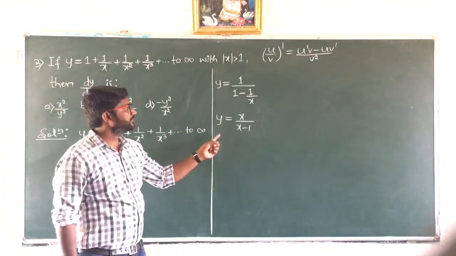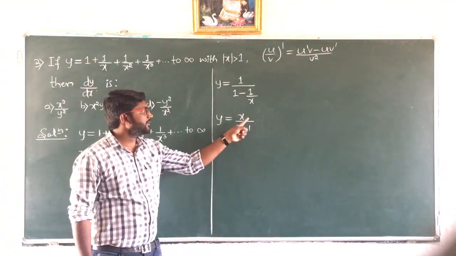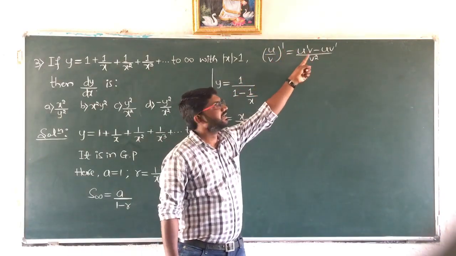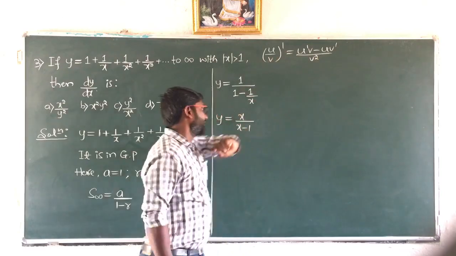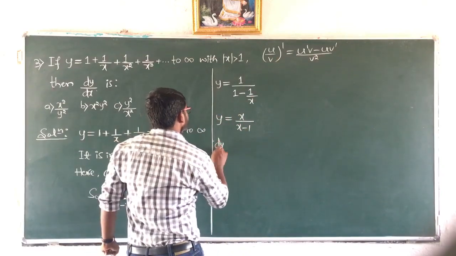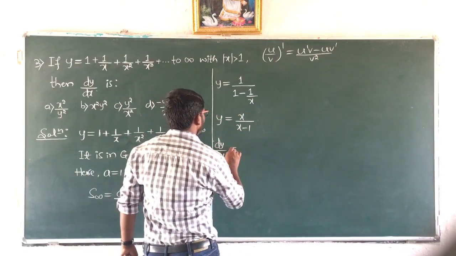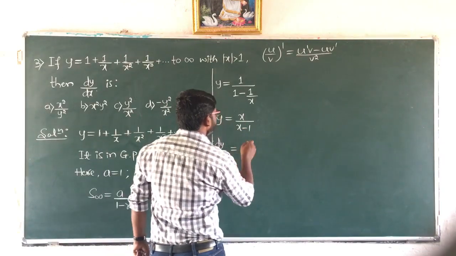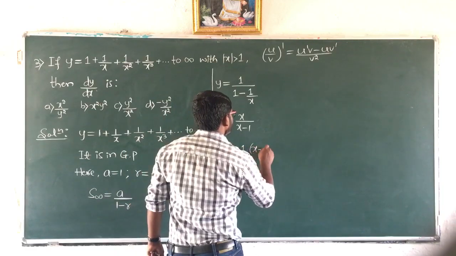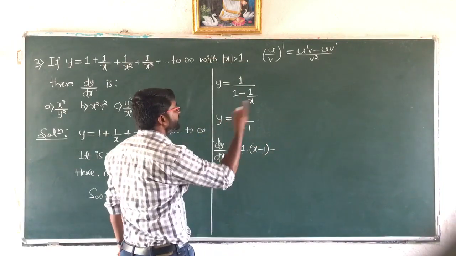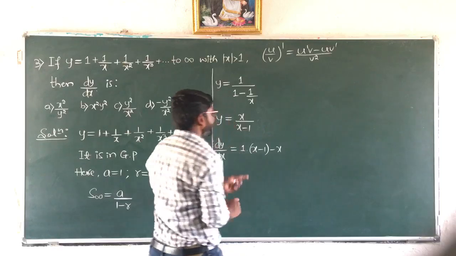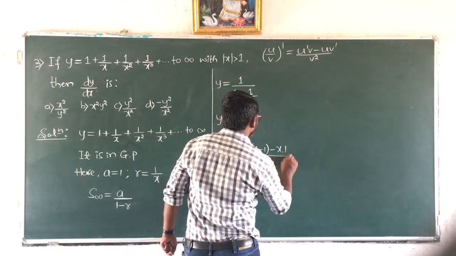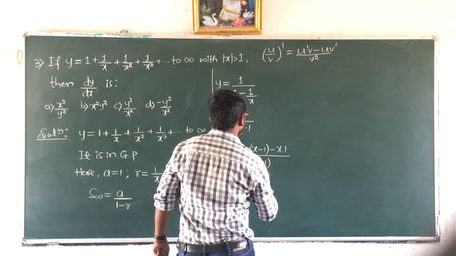Now we have to go for differentiation. It is in the form of u by v. So u by v the whole dash which is equal to u dash v minus u v dash divided by v square. So dy by dx which is equal to u dash, derivative of the numerator it is 1 into v it is x minus 1, then minus u into v dash, that is x, derivative of the denominator it is again 1, then divided by x minus 1 the whole square.